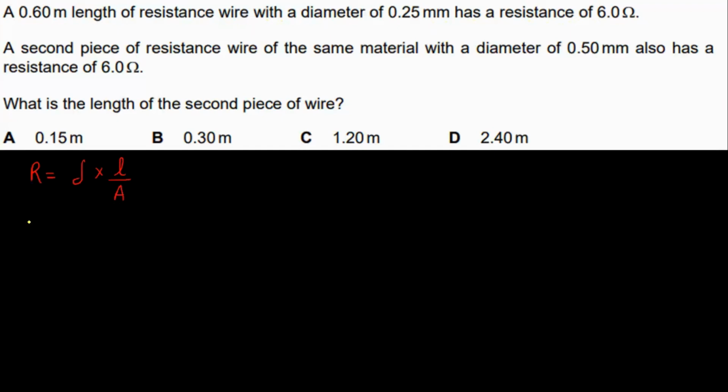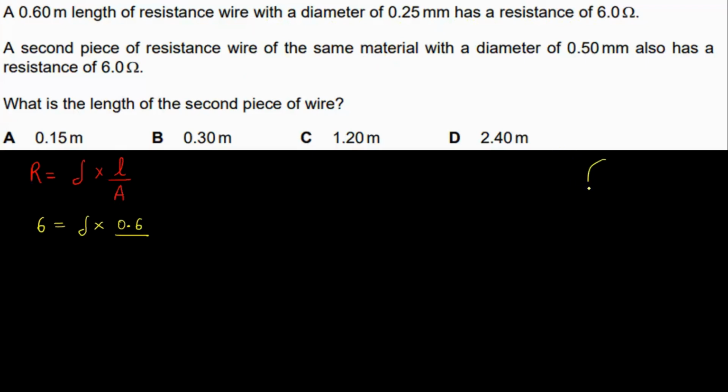So we have a wire whose resistance is 6 ohm, and we don't know the resistivity, the length is 0.6 meters, divided by the cross-sectional area, which is not given. They have given the diameter. So if the diameter is given, the cross-section area, mostly it is circular only.